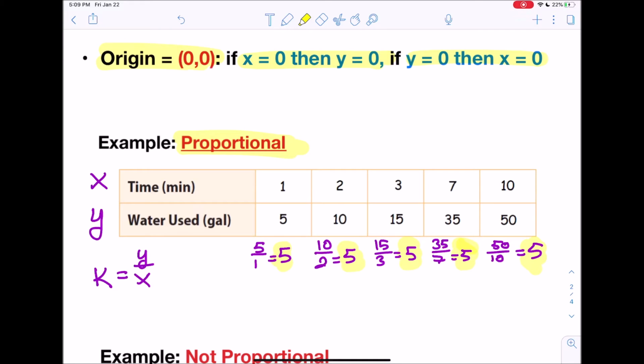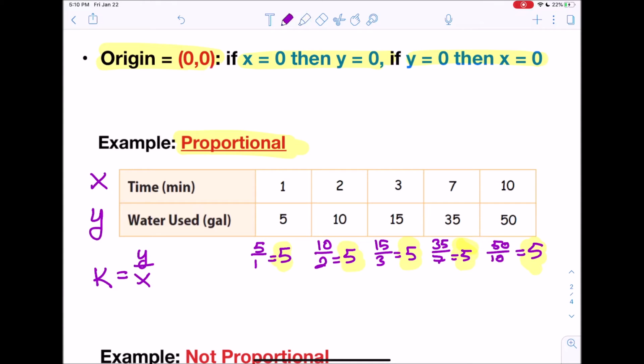Okay. There is no zero origin in here. It starts at 1, but that's okay. All the data points we checked, we got the same unit rate of 5, so this table, in fact, is proportional. And we automatically know that the origin would be 0, 0 anyways. And it makes sense because if x is time and y is water used, right? Maybe you're taking a shower and for every minute you use 5 gallons of water, and then 2 minutes it would be 10 gallons, 3 minutes it would be 15 gallons of water.